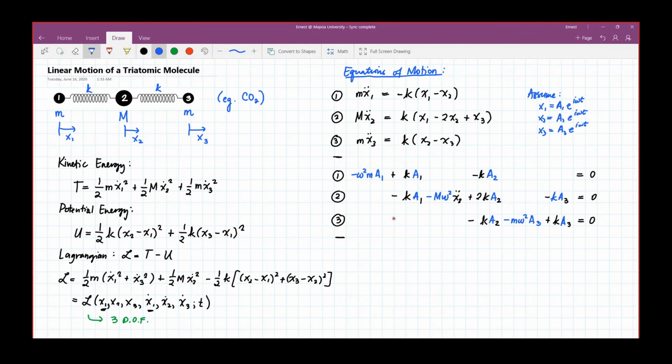Okay, so therefore we can now rewrite this in matrix form.